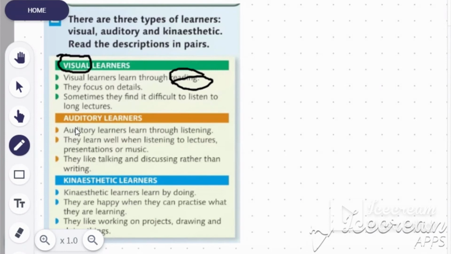Sometimes they find it difficult to listen to long lectures. Lectures, محاضرات, ندوات. They don't like to listen. They like to read. So we call them visual.